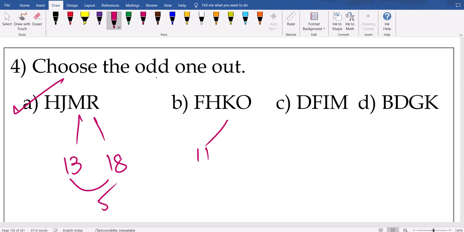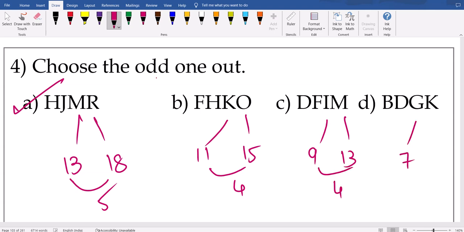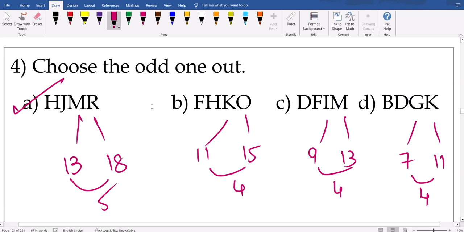Here 11 and 15, 4 gap. I 9, M 13, 4 gap. G 7, K 11, 4 gap. Except option A, remaining all maintain a 4 gap.